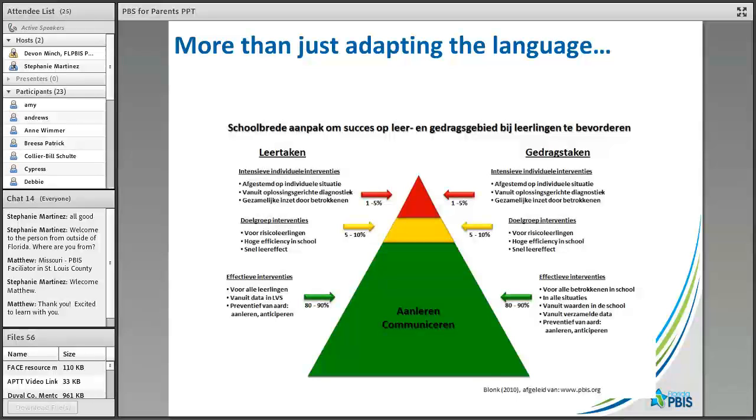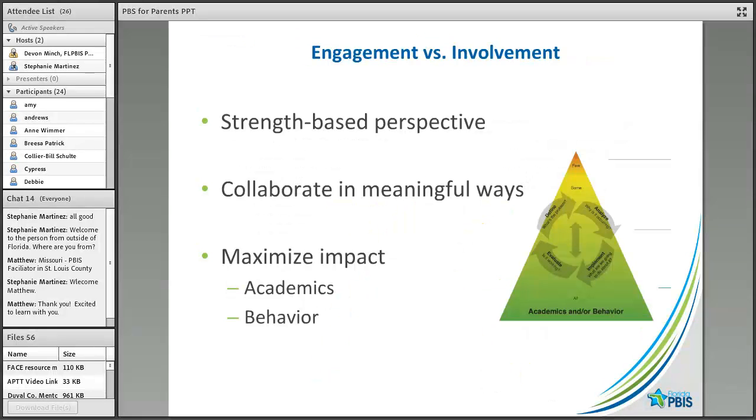Also, it's more than just adapting the language. So this is an image that is intended to demonstrate the importance of not only providing information to families, but really ensuring their understanding of the information. So sometimes we just send home information and kind of check off our list that we put it on our website or we sent the note home.